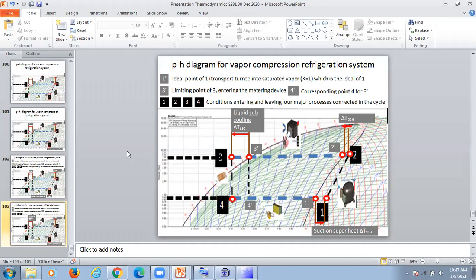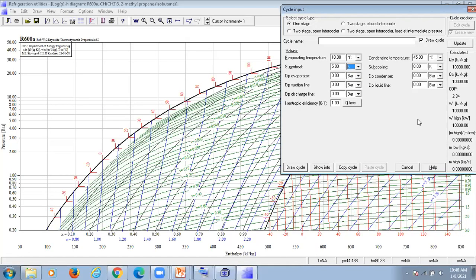So we have to assure liquid subcooling. Later I will explain the liquid seal. Let's say we have 5 degrees subcooling. 5 degrees is too much, but let's say 5 degrees subcooling.